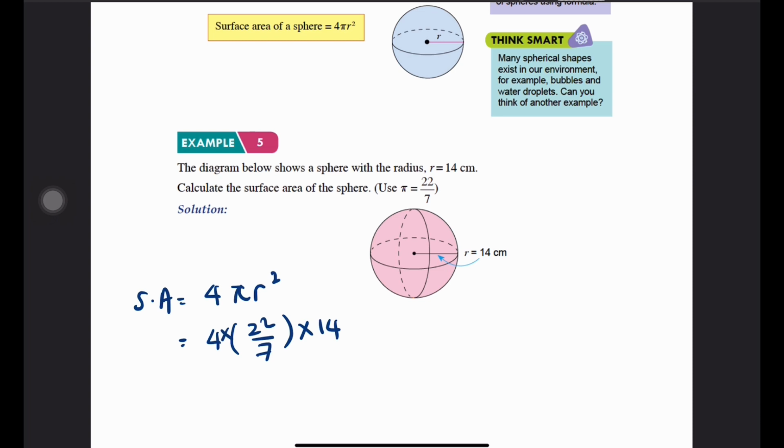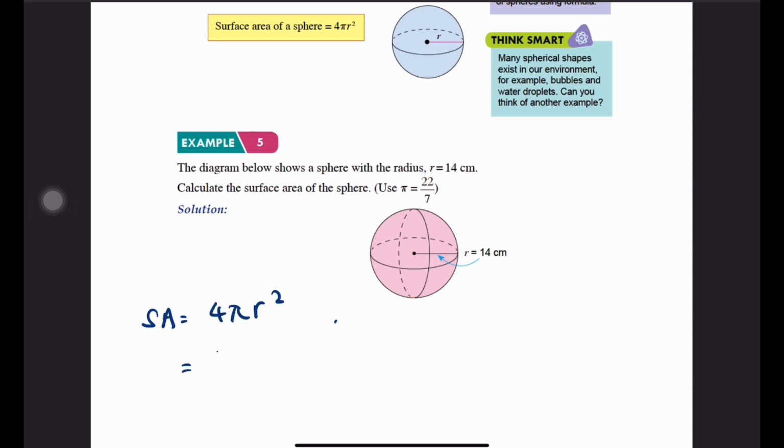Okay, sorry, I will rewrite this. Okay, so surface area is equal to 4 pi r square. So 4 times 22 over 7 times 14 times 14.